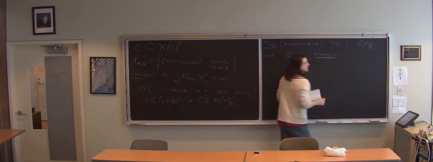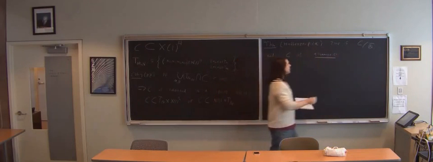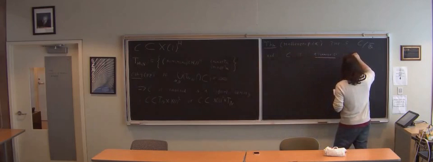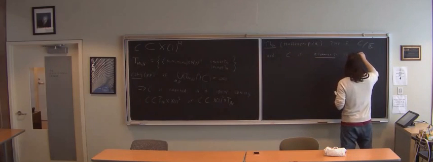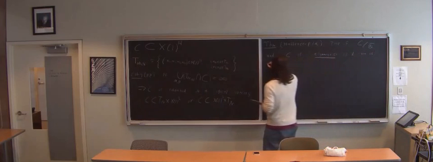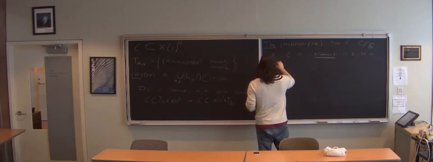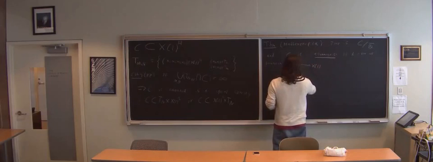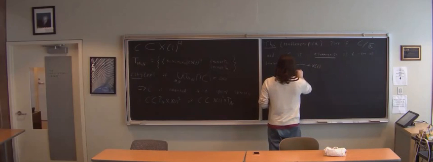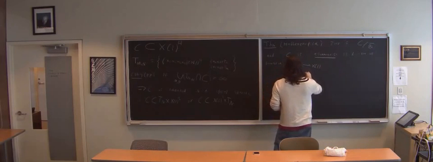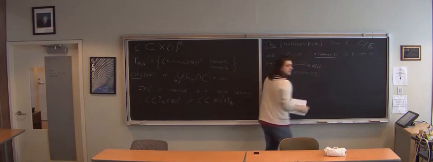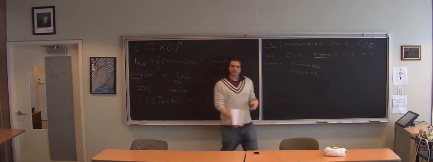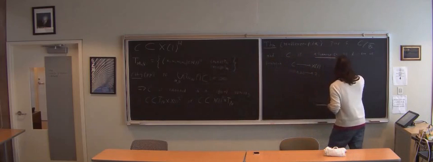So what does asymmetric mean? It means if d_i is the degree of the projection of C into X via the ith coordinate, you have 4 such projections, they each have a degree, then we're assuming that all of these are unequal.